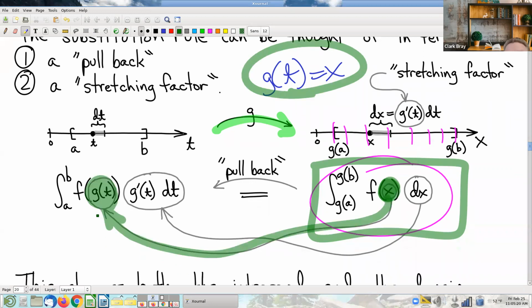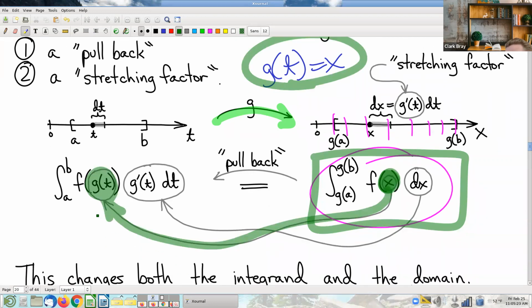As it turns out, the punchline is that the expression on the right can get rewritten in terms of the variable on the left. And this seems backwards, right? Because g goes to the right. g takes t values and gives you x values. g goes this way, right? But this is just how plugging in works.